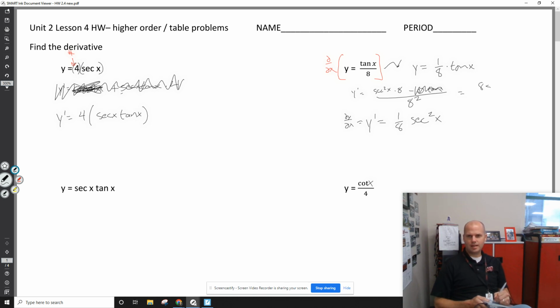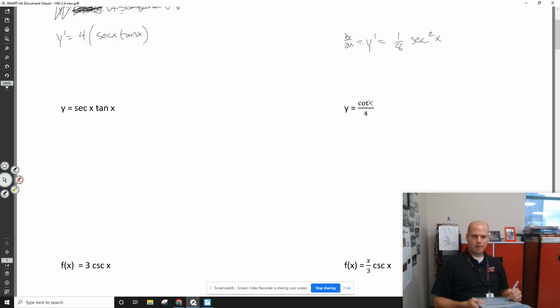You would end up with 8 secant squared x over 8 squared, and then one of the 8's would cancel, and you'd end up with 1/8 secant squared x. So again, don't use the quotient rule, don't use the product rule, unless you have a product of functions with x's. Don't worry about it with constants like this.